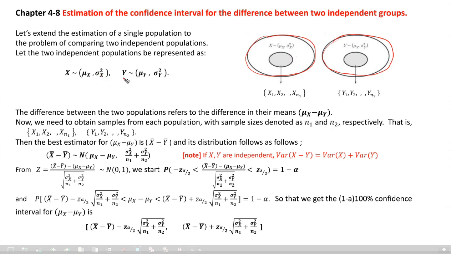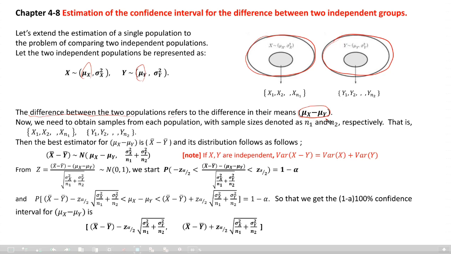The second population, represented by random variable y, has mu y and sigma y squared. The difference between the two populations refers to the difference in their means, mu x minus mu y. Mu x is population 1 mean, mu y is the mean of population 2. So we would like to know the difference, mu x minus mu y.